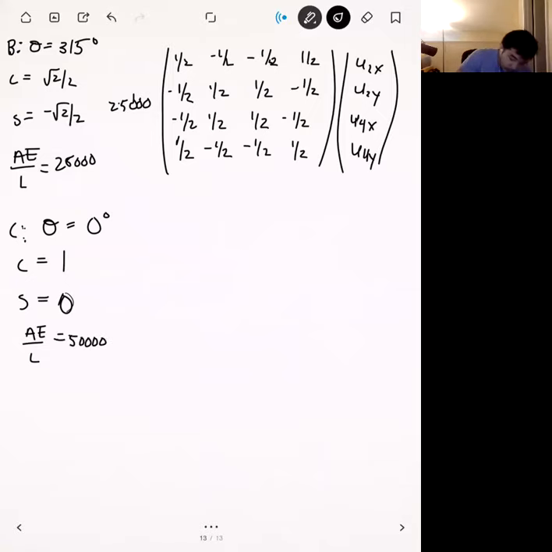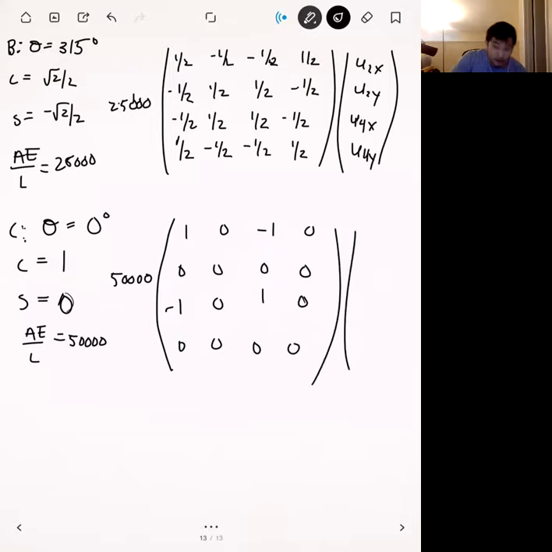Okay. And so out in front, we have 50,000. And then, when we have theta 0 here, we have a pretty simple system because we have 1, 0, minus 1, 0. And then the row of all zeros, 0, 0, 0, 0. And then minus 1, 0, 1, 0, 0, 0, 0, 0.